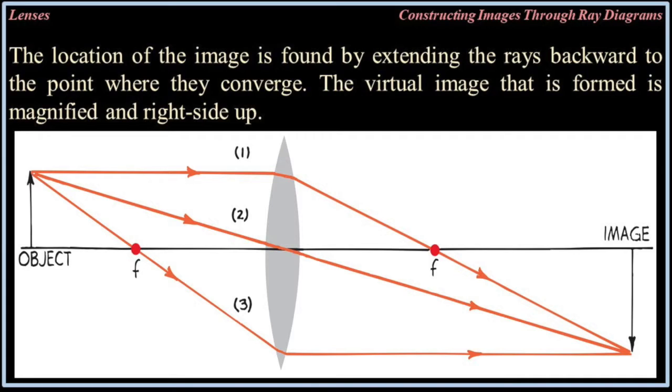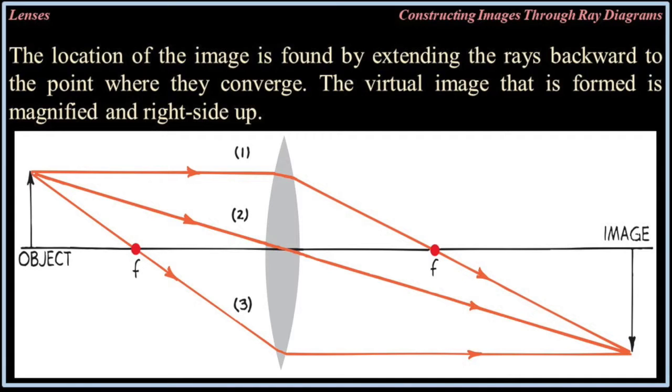The three principal rays. To locate the position of the image, you only have to know the paths of two rays from a point to the object, represented by the vertical arrow. Any point except for the point on the principal axis will work, but it is customary to choose a point at the tip of the arrow.